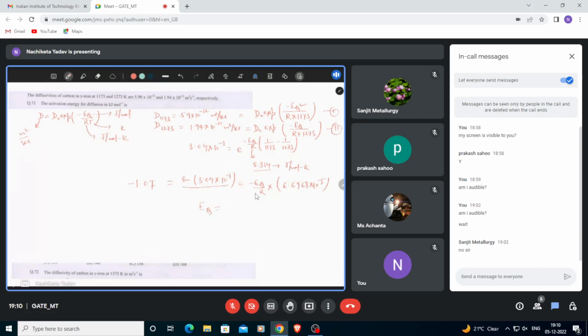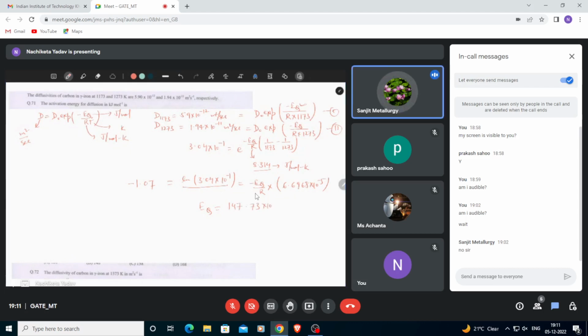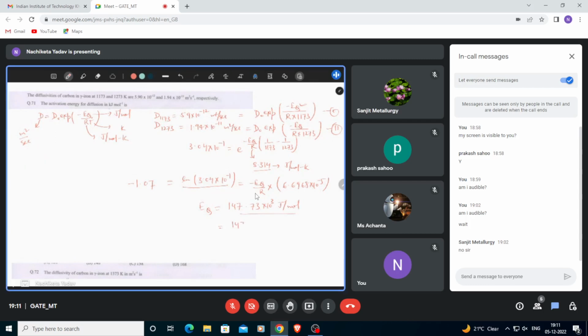Can you tell me what will be the EQ value? It was coming nearly 147, right? 147 point something. So it is asking in kilojoule, so we will convert.